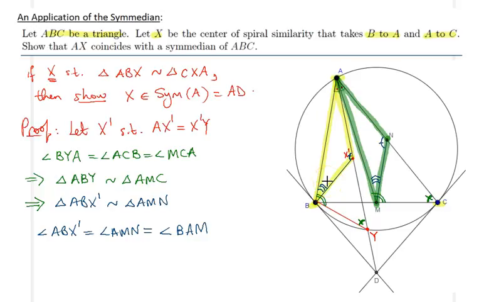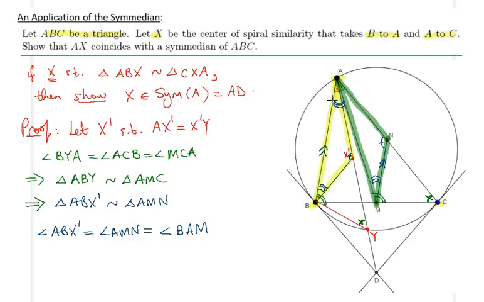It's because line segment MN is parallel to line segment AB, because MN is the midline of triangle ABC, and those two angles AMN and BAM are interior opposite angles. So because they are interior opposite angles, those angles are equivalent.